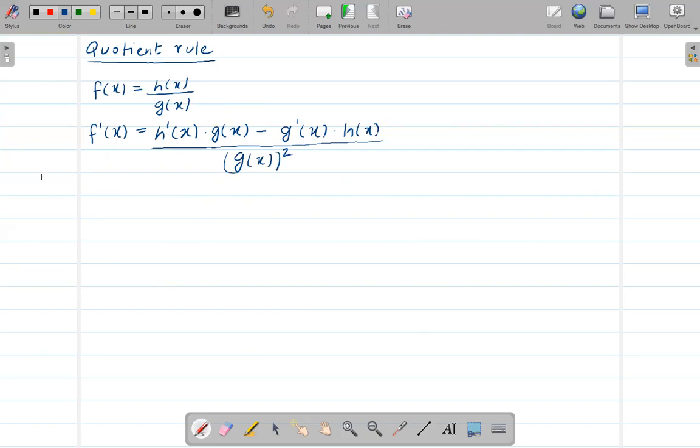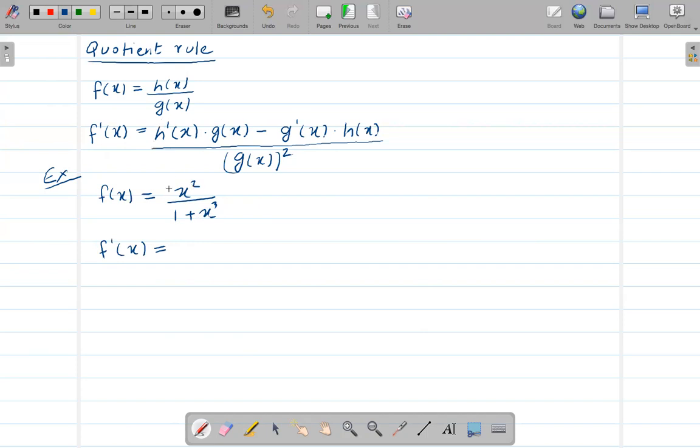All right, so now using this quotient rule, let's do one or two examples. Let's say f of x is given, which is x squared over 1 plus x to the power 3. Using this quotient rule, f prime of x is equal to, first we have to take the derivative of the numerator, so the numerator derivative times the denominator, which will be the same.